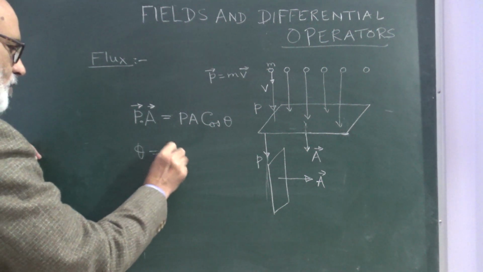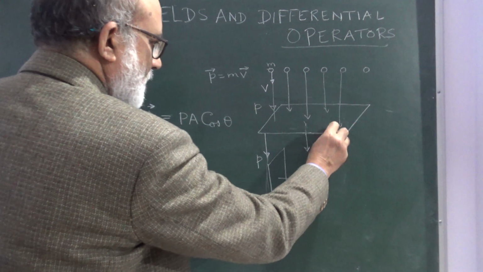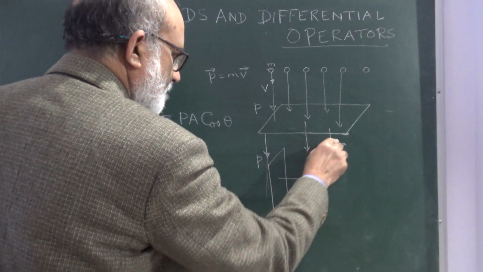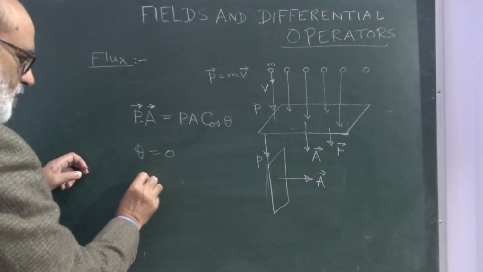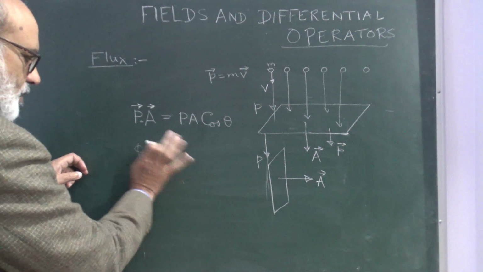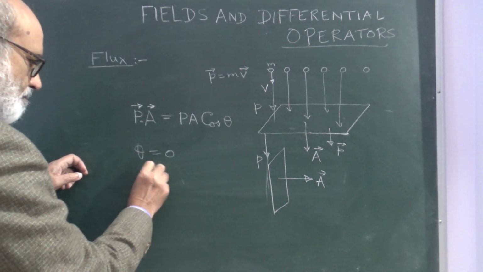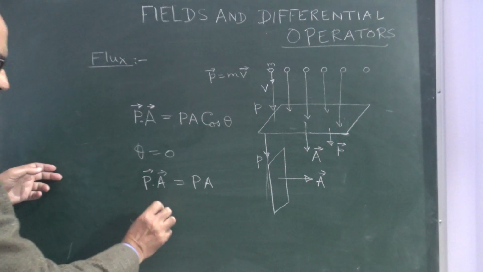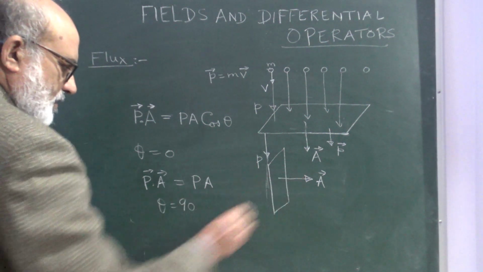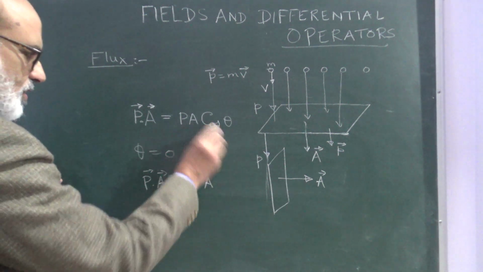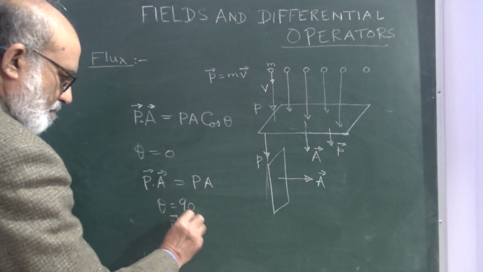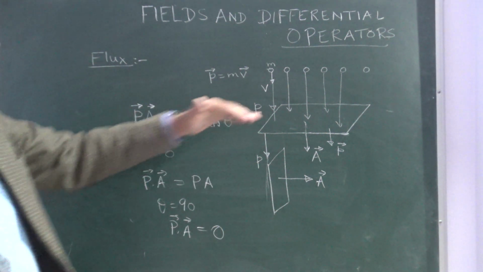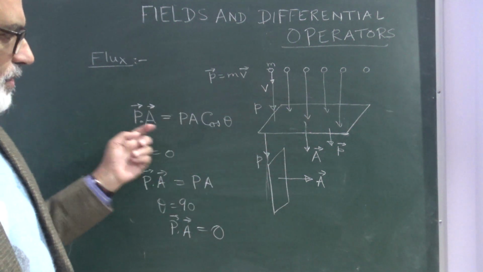When theta is 0, the direction of momentum is along the area, so these are parallel and the angle between them is 0. Cos 0 is 1, so the total flux P dot A equals PA, momentum into area. If theta is 90 degrees, cos 90 is 0, so the total flux is 0. So the flux of the momentum on this area is P dot A.